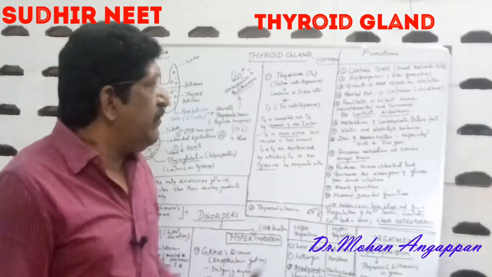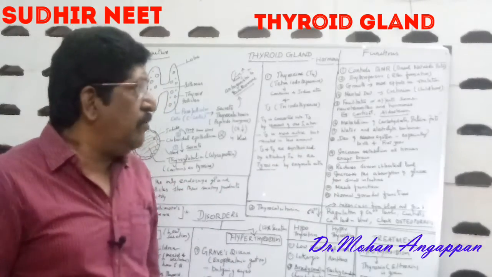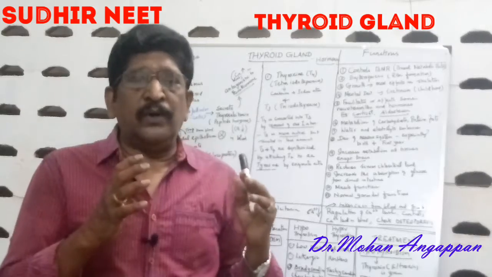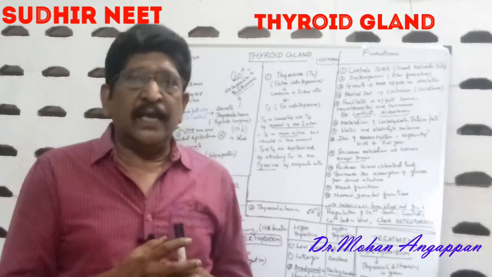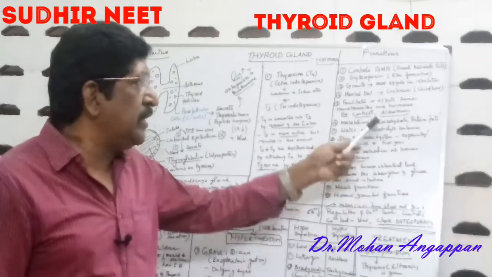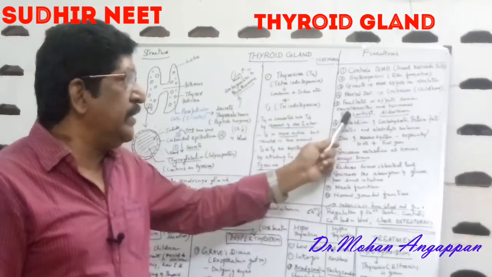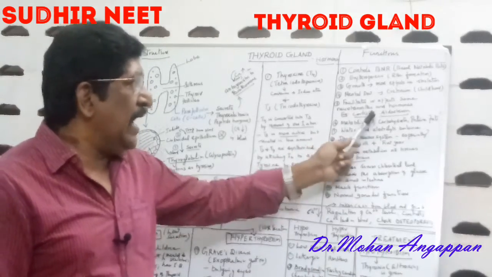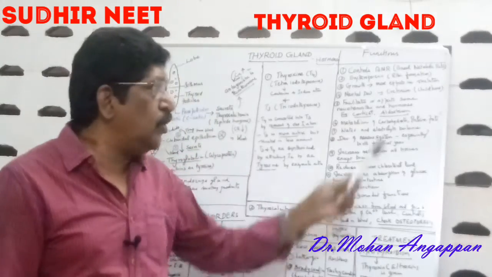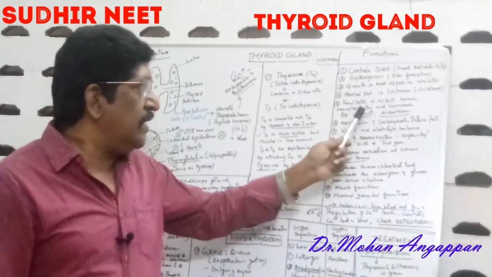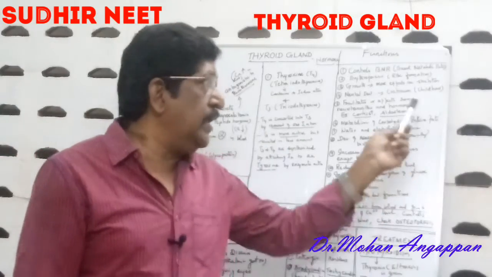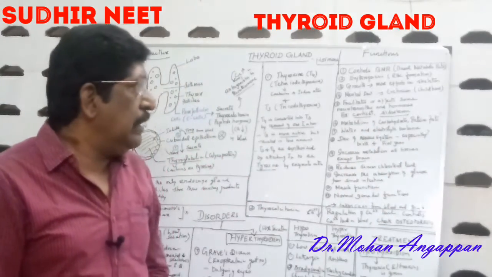And number 5, it facilitates or affects some neurotransmitters and hormones. It also indirectly affects the pathway of the hormones. For example, the cortisol secreted by the adrenal cortex, aldosterone secreted by the adrenal medulla. So it also affects or facilitates some neurotransmitters and the hormones, for example, cortisol and aldosterone.